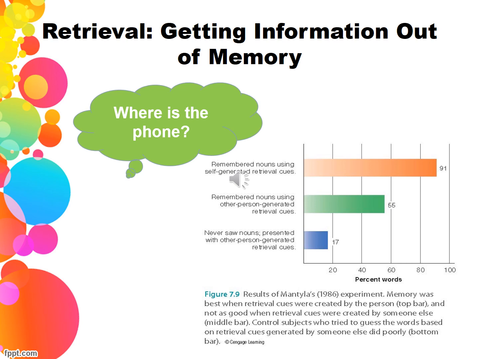You may say that it is green color on the outer and then inside is yellow color, and then you would describe it. These three words help you to link it, so that when you retrieve the noun, it is easier. Another group of people needs to remember this noun using the retrieval cue generated by other people. The third group of people never see the noun, but the experimenter provides the retrieval cue generated by other people.